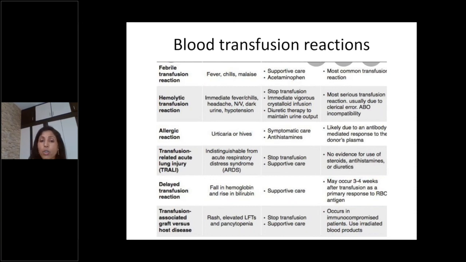We have seen scenarios where kids received blood transfusion for nutritional anemia, as it was severe, around 5 to 6 hemoglobin, from dad, and then the child presented with severe pancytopenia, and it's a fatal condition. So mortality for transfusion associated graft versus host disease is 95%.